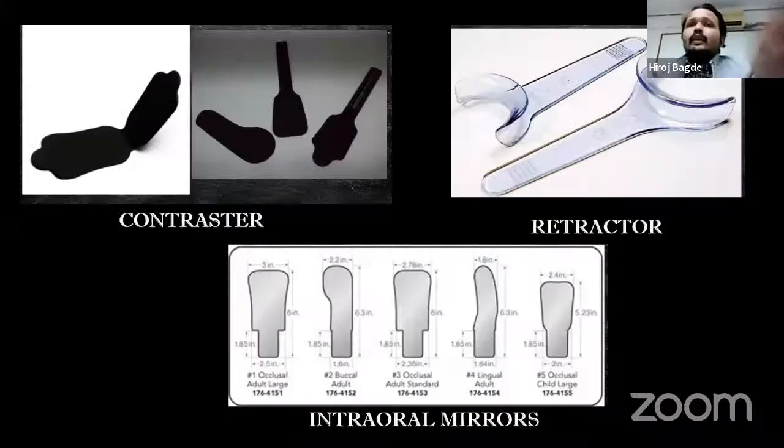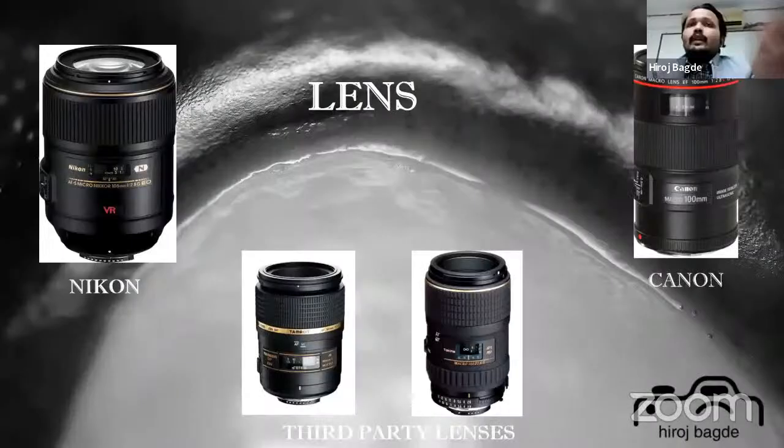I was about the lenses, where I am having a Nikon lens of 100 mm. What is 100 mm? 100 mm is the focal length of the lens. Now this is determining because if I am having a shorter focal length of, suppose, 25 mm, I need to go more close toward a person, which is not possible.